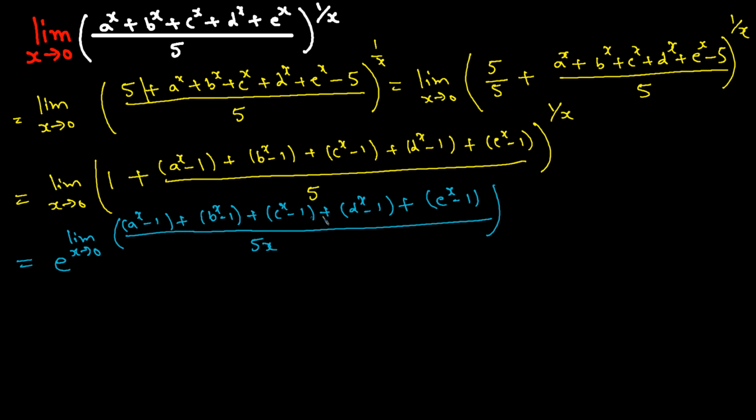So now I'm gonna separate all of these functions. I'm gonna make them separate. Okay, so e raised to power limit x approaches to 0. So this can be written as a raised to power x minus 1 over 5x plus b raised to power x minus 1 over 5x, c raised to power x minus 1 over, or let me do one thing.